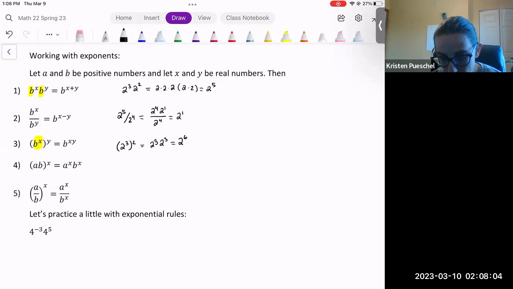If we want to combine exponential expressions that have different bases, as long as the powers are the same, we can do it. So if you have a to the x times b to the x, this is the same thing as ab to the x.